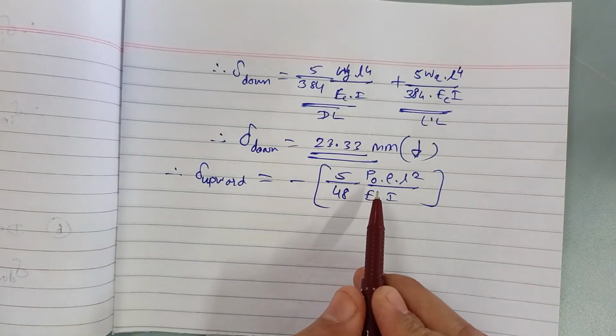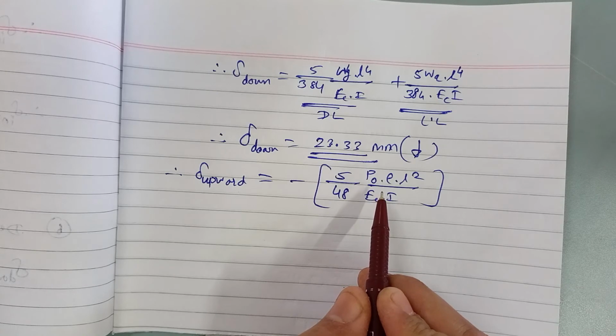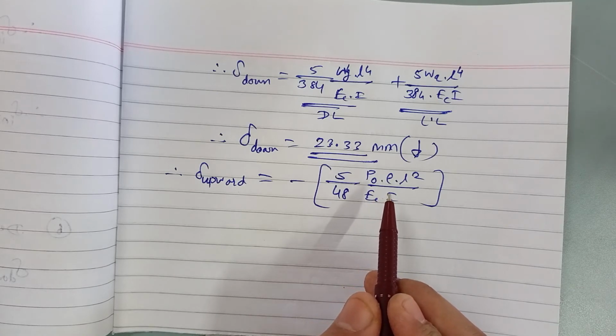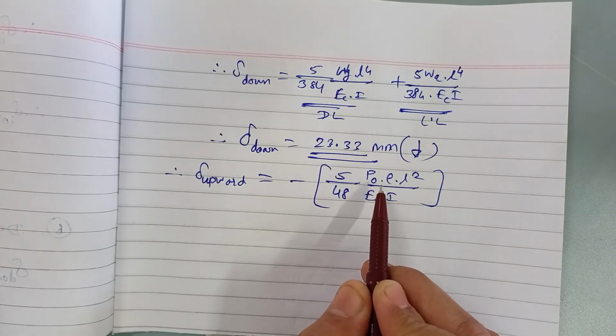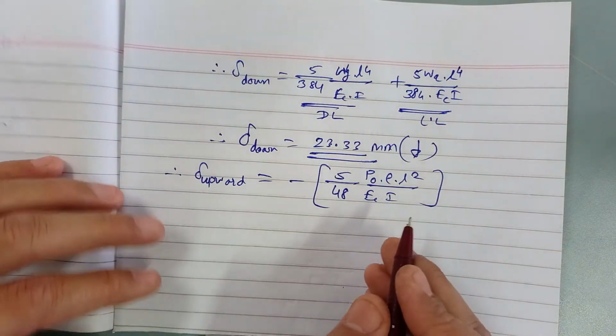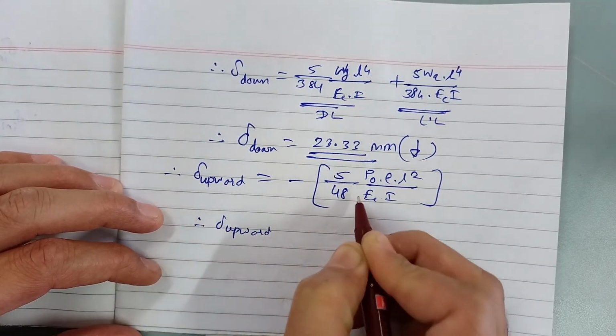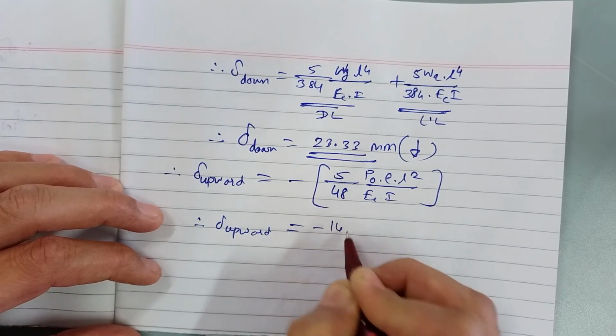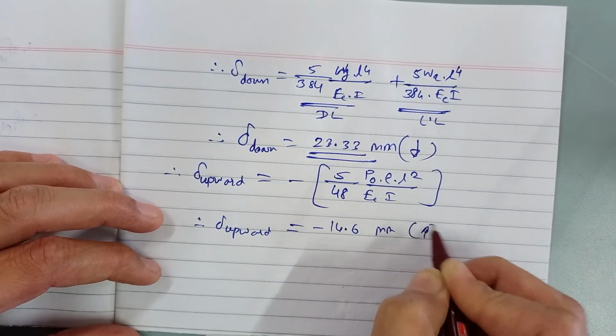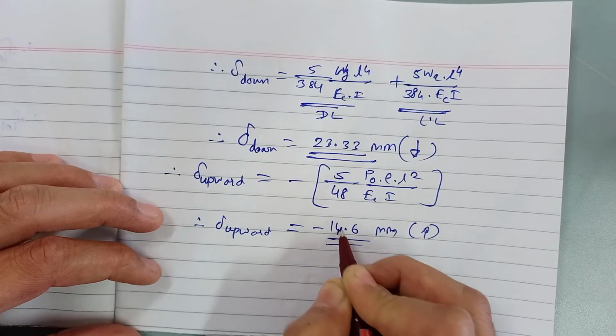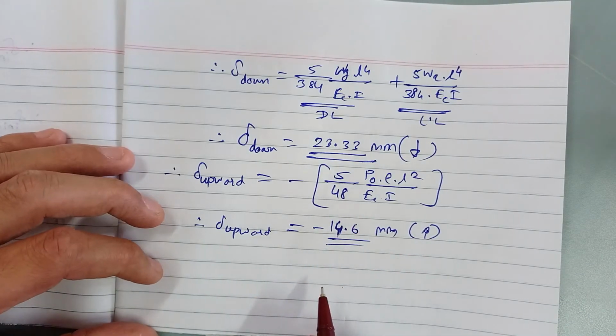Hence, as we are calculating the deflection at final stage, that is due to pre-stress plus dead load plus live load, substitute P0 value, that is 1061 kilonewton as determined in the earlier steps. Substituting all the values in the above equation, you will get minus 14.6 mm deflection value. And this minus sign indicates that deflection is in upward direction.